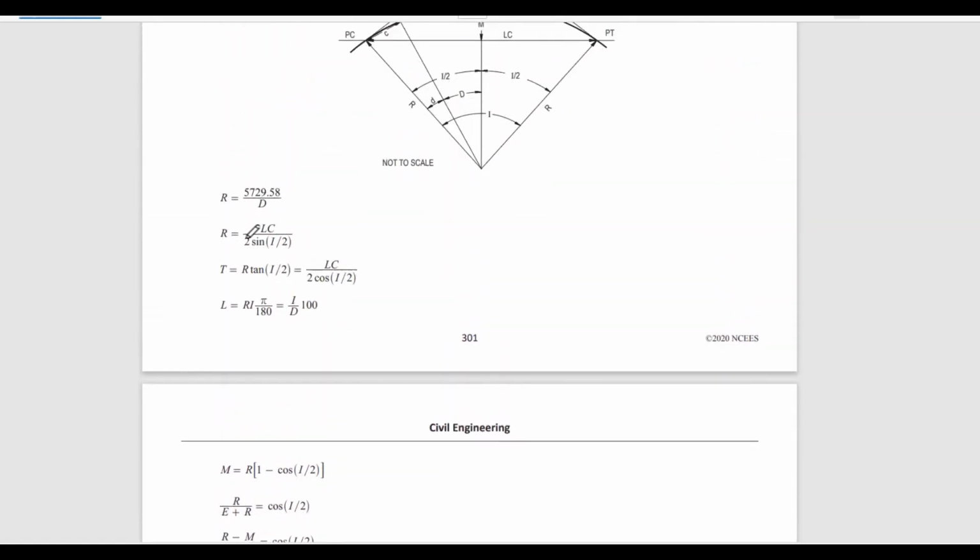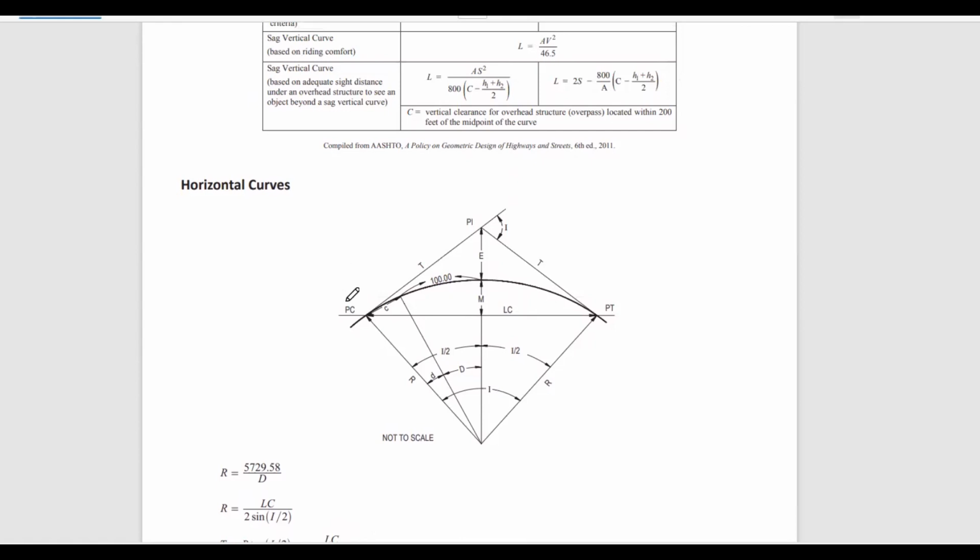The things that are not given here are the formulas for PC and PT. And these are the two formulas for horizontal curves that you are going to have to memorize. And it goes like this.